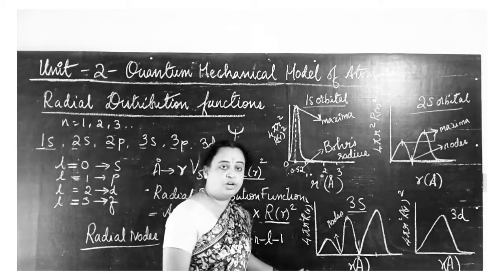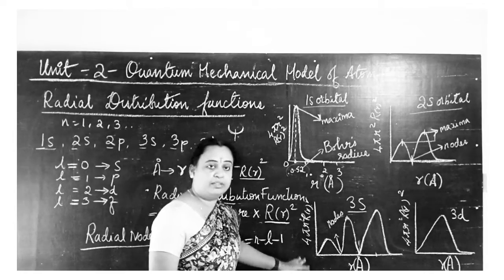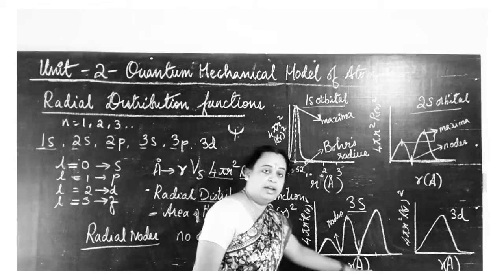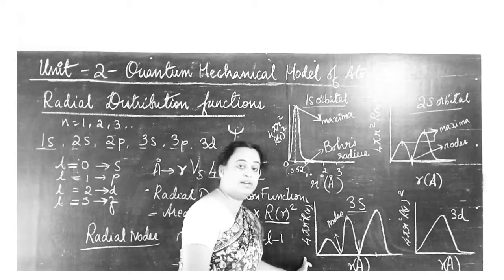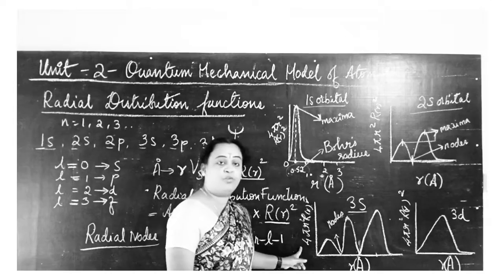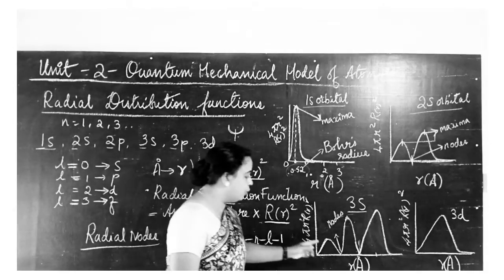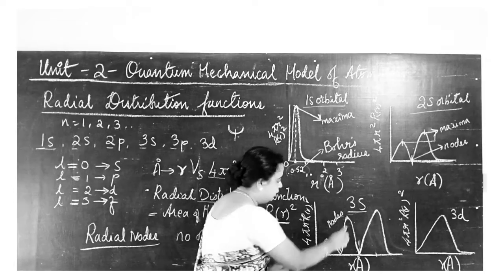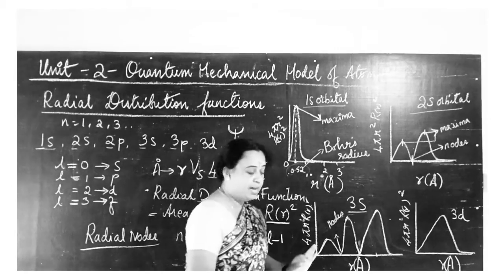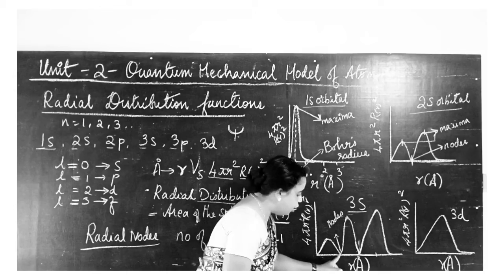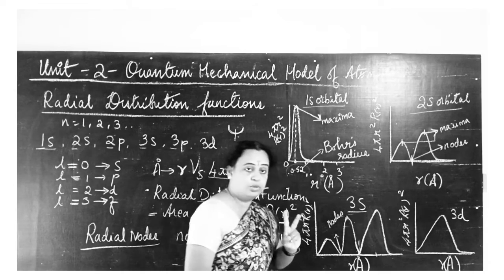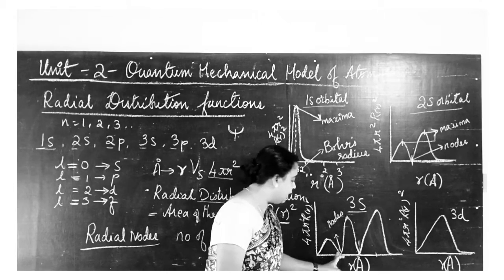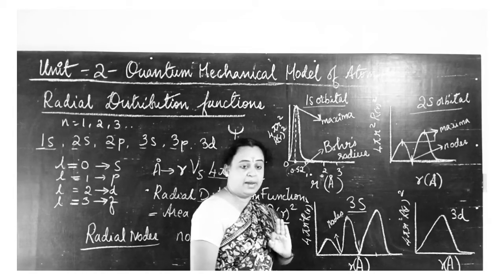In the 3s orbital plot, the x-axis is radius and the y-axis is the radial distribution function 4 pi r squared R squared. Here the curve shows three maxima, and you can see two nodes. So in the 3s orbital, there are 2 nodes and 3 maxima.